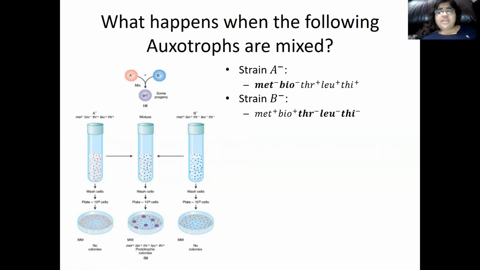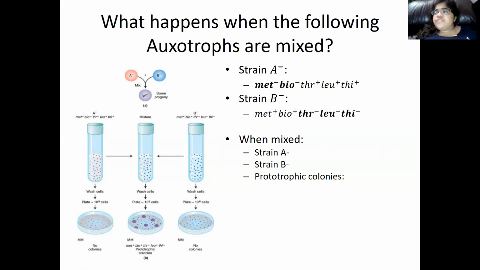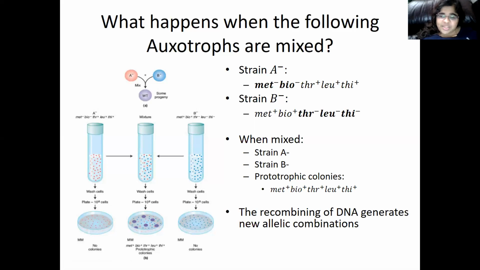But then when you mix them, you see a mix of strain A, strain B, and then we get prototrophic wild type colonies. Like, what? These actually show up when all of them are positive. They grow into mini colonies. So when these came in, they thought, recombination must be occurring, right?